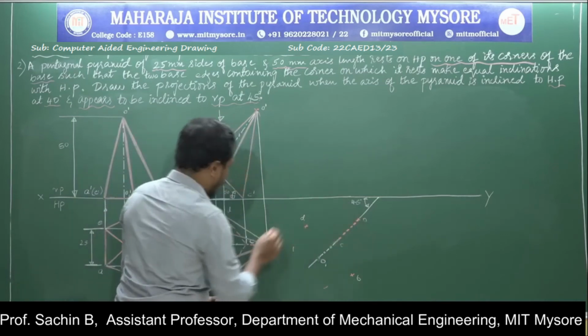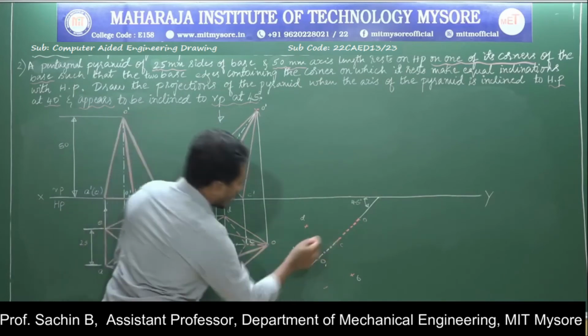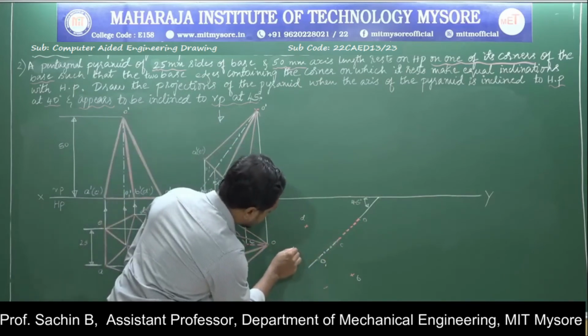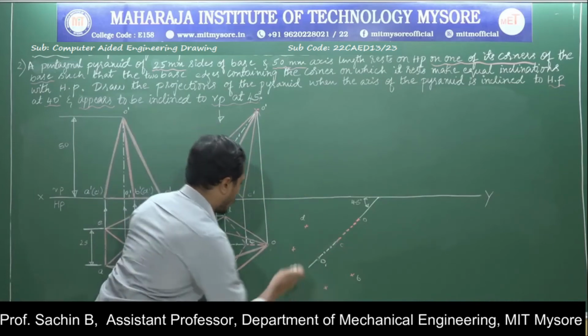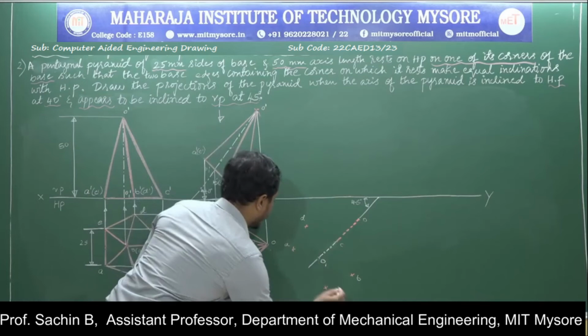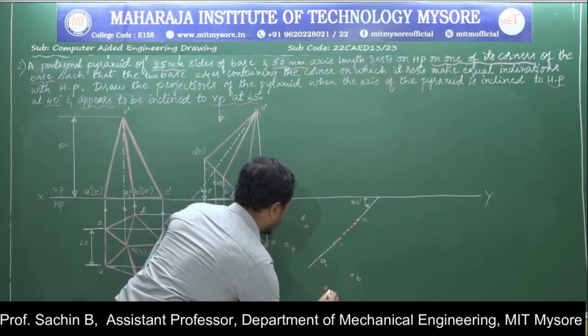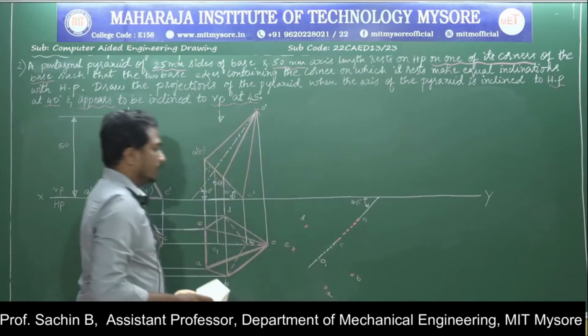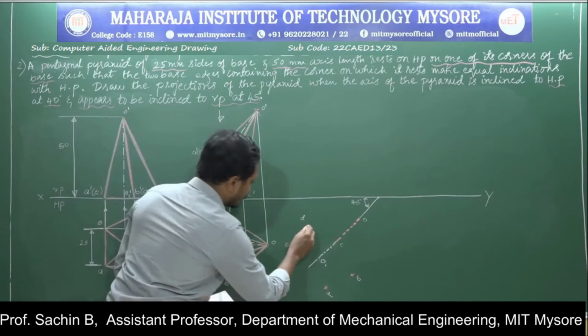Again I will come to O point, from O to E or from O to A, I will intersect this arc. Now all the corners are available for me. Next I will go for joining the lines.